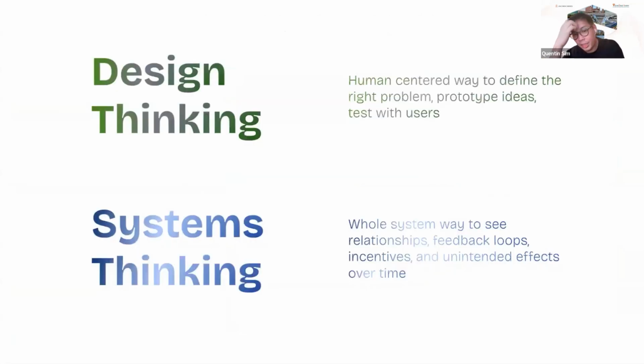So I'm going to end off here by saying that what we learn in AEC or in the design world is that a lot of times we do design thinking. It's a very human-centered way to define problems. But systems thinking is a way to see relationships, feedback loops, incentives, and unintended effects over time.